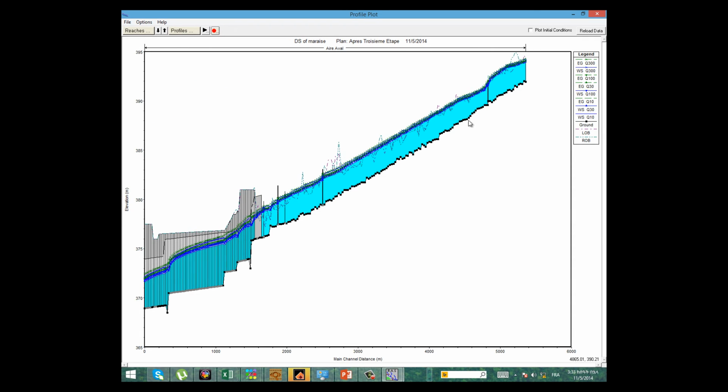You can see the bridge and the tunnel also, and we can see at Q100, for example, at Q300, the flood can still pass through the tunnel.